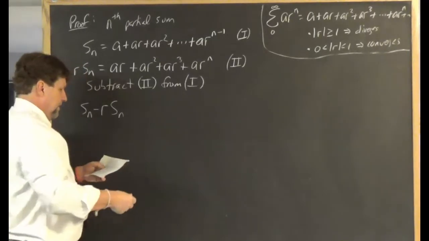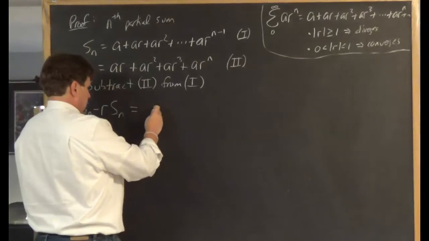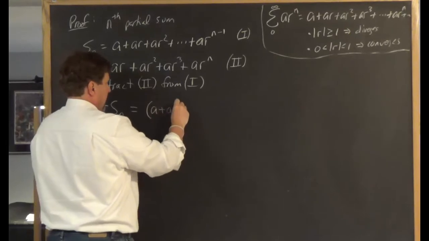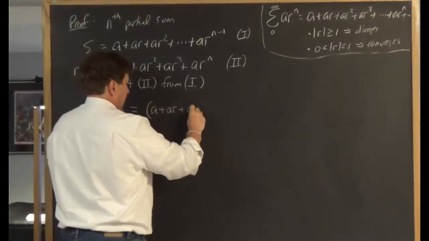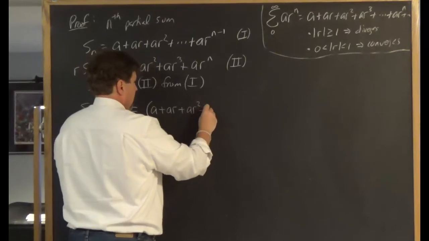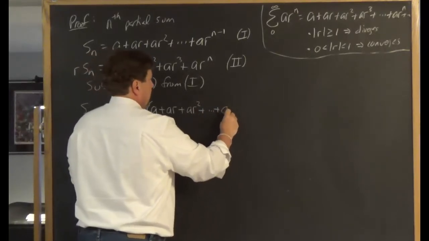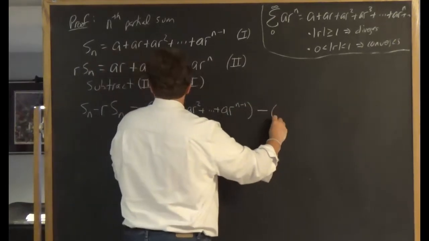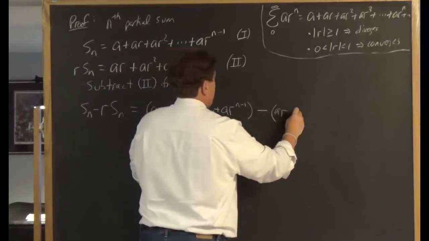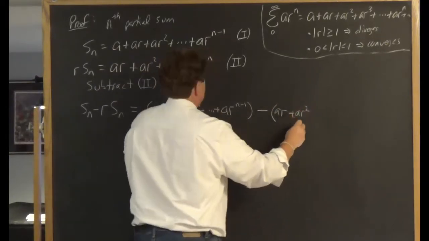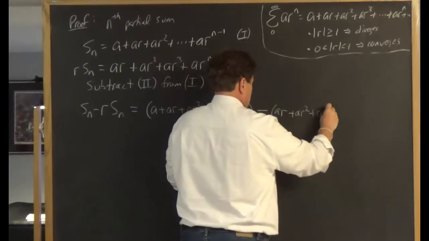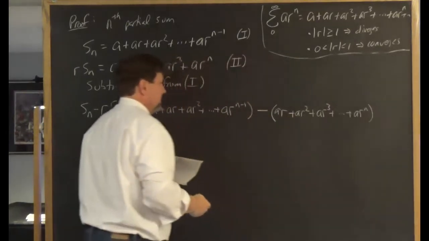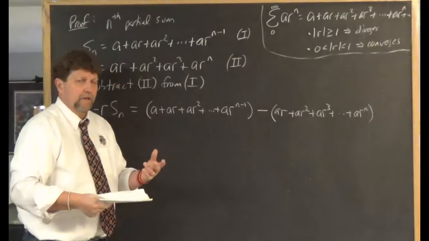On the right side, let me write it out, a plus ar plus ar squared plus yada yada yada plus ar to the n minus 1, minus ar plus ar squared plus ar cubed plus yada yada yada plus ar to the n. So that's subtracting equation 2 from equation 1.